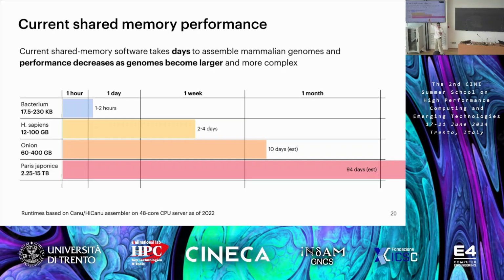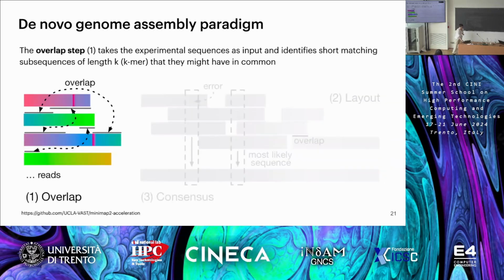So this is my time estimate, which I suspect is a lower bound, because as we go into plants the amount of repetition increases, and that's extremely computationally intensive. So I think this is a best case scenario estimation. And Paris japonica is a plant, one of the biggest that we know, and I think it might be the biggest genome that we know of. Okay, so this is just to give you a motivation of why we care about going fast.